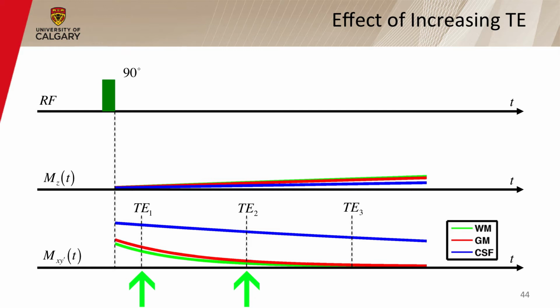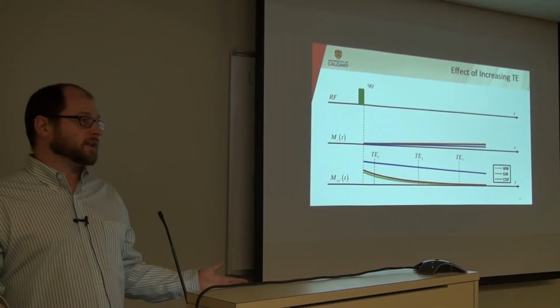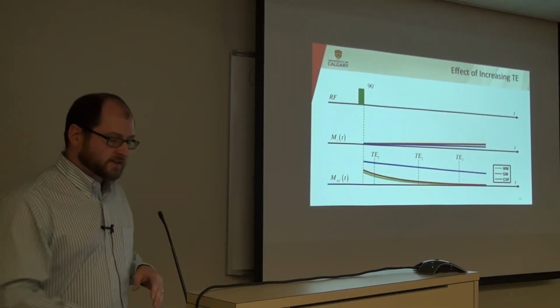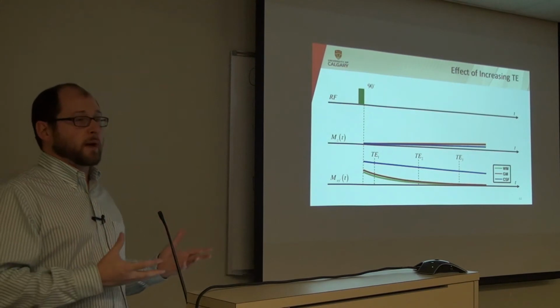Now, because gray matter and white matter have a shorter T2, they have less signal intensity at this longer echo time. And if we go way out here, with this third echo, the longest of the 3 echoes, now the only chemical species that still has any viable signal left is CSF, because it has a long T2, okay? And so this is the essence of a T2 weighted image.